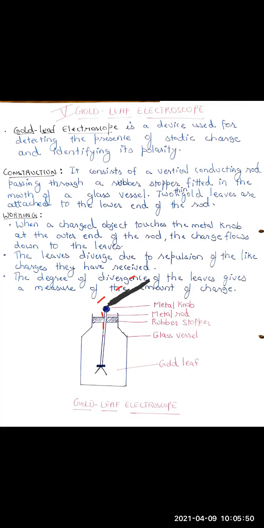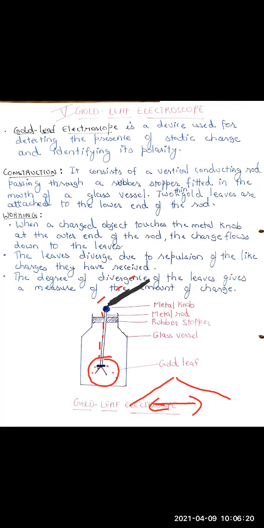So the electrons, the negative charge, will flow and reach both the gold leaves. So what will happen? Like charges on two gold leaves. Like charges repel. So these gold leaves will move away from each other. They will repel. Why? Because like charges are there on both the gold leaves.